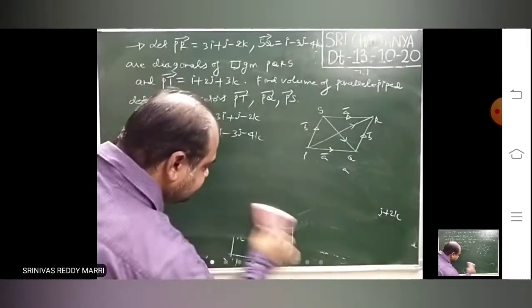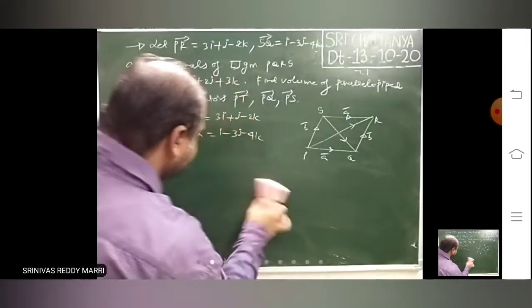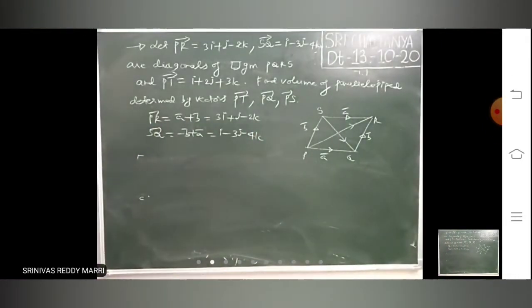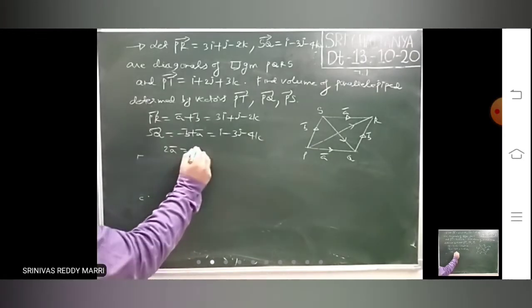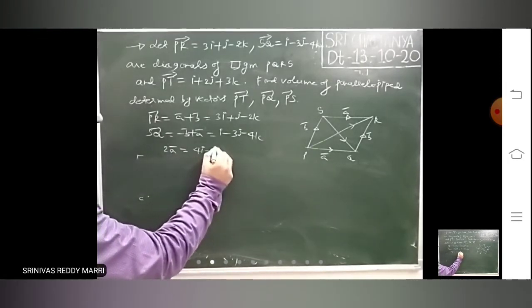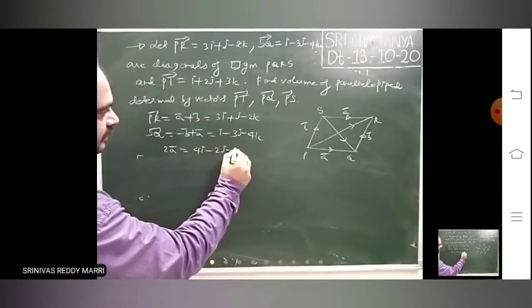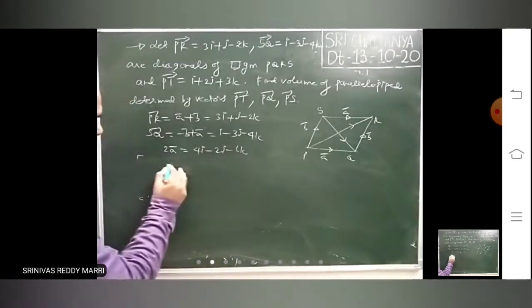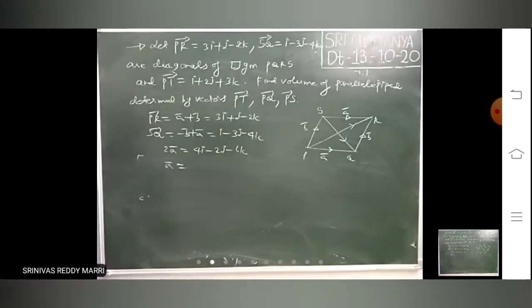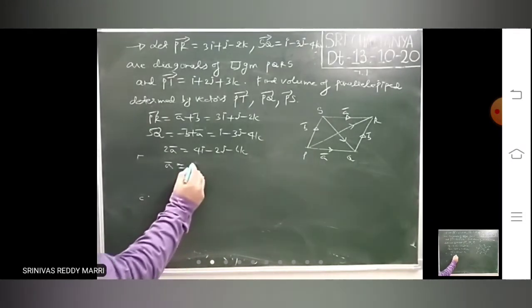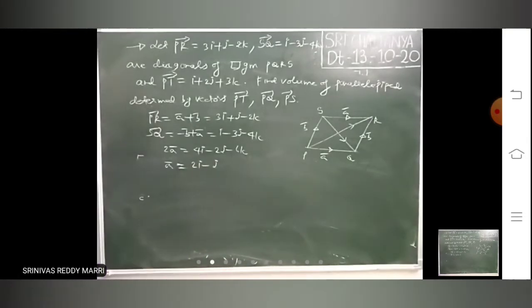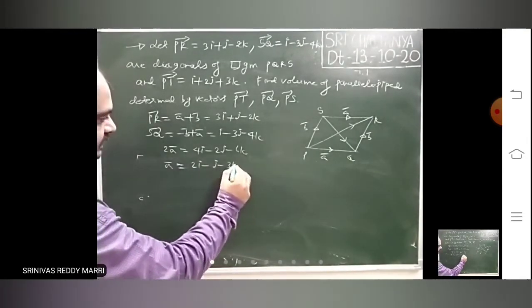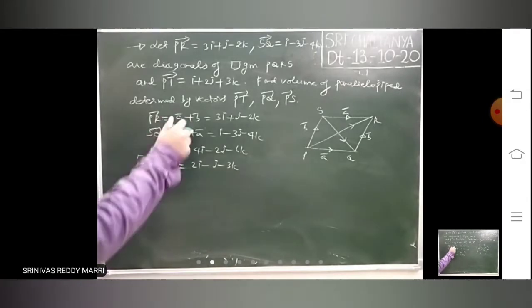You can calculate what is A bar and what is B bar. If we add these two, 2A bar is nothing but 4I minus 2J minus 6K. So A bar is nothing but 2I minus J minus 3K.